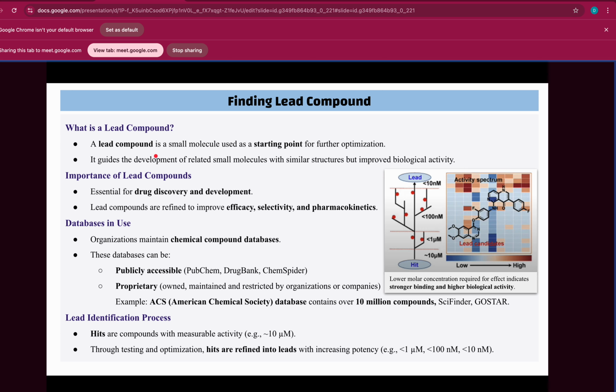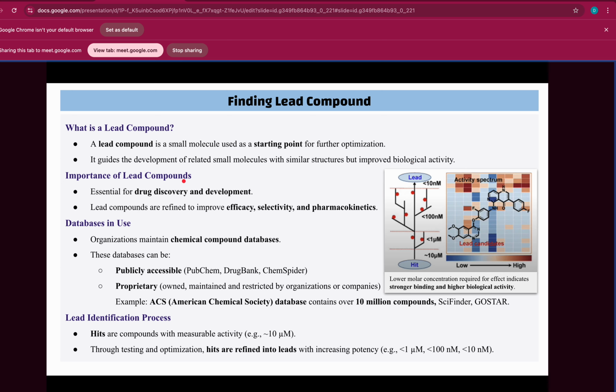Similarly, they are saying that this lead compound is a small molecule used as a starting point from where we start, and then we optimize it. So it guides the development of related small molecules. In this, we are not designing some new drugs, but we are designing related small molecules with similar structure, but because we are optimizing it, its biological activity will be improved.